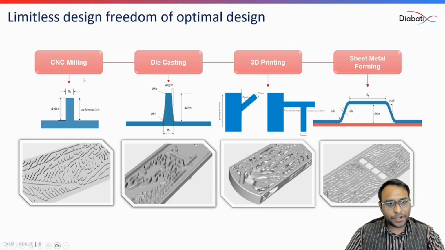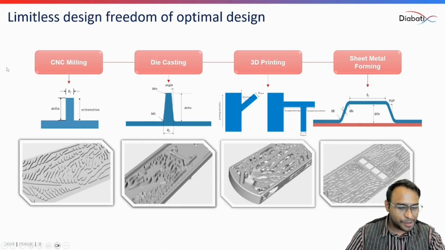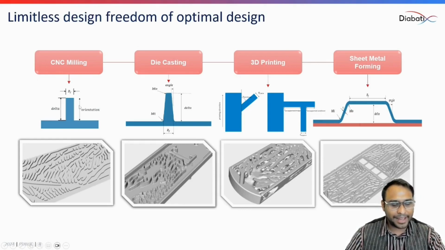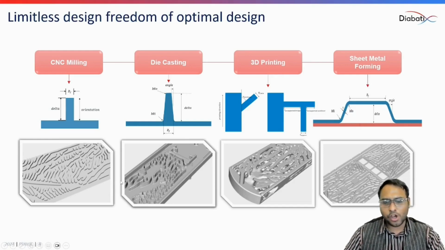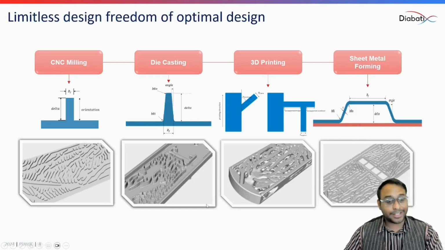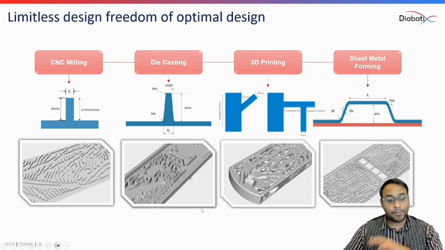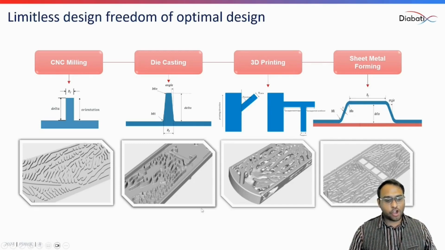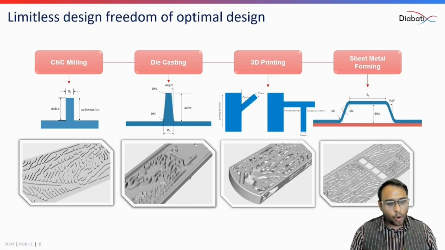Whether it be traditional manufacturing techniques like CNC milling, die casting, or of course, when you open doors to additive manufacturing or 3D printing, or if you're going with more optimal manufacturing techniques like sheet metal forming, Coldstream can easily account for each and every manufacturing constraint that you are limited to. And it will make sure that the final designs optimized by Coldstream are always manufacturable.